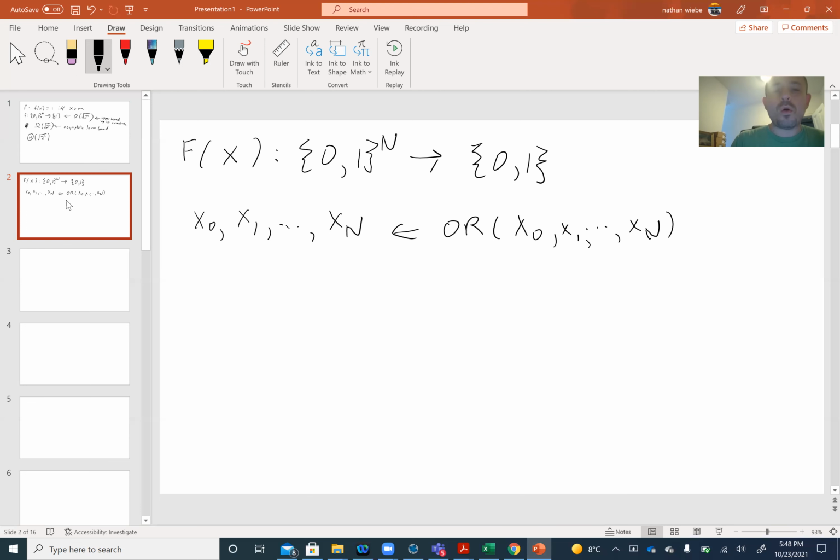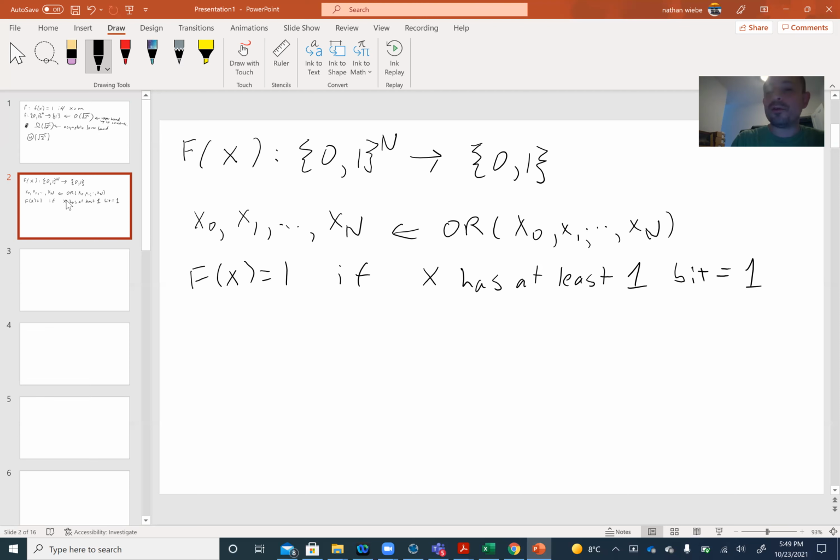This is an example of a decision problem because in this case, the OR is always 0 or 1. Another way of phrasing this is that f(x) = 1 if x has at least one bit equal to 1.